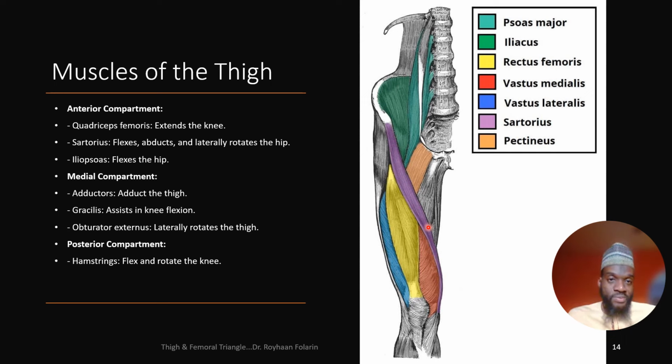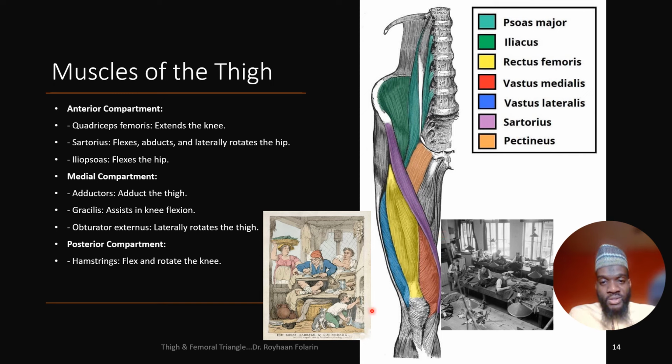the tailor's muscle. That's because the name is associated with the muscle's role in enabling movement that resembles the cross-legged sitting position commonly associated with tailors back then. Historically, tailors often sat on the floor or on low stools in a cross-legged position like this whenever they are sewing. That's why I kept this ancient picture of a tailor.